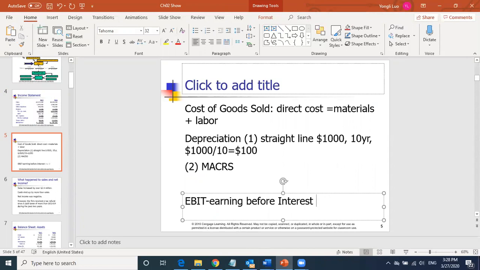This is called EBIT. EBIT is also called operating income or operating profit.